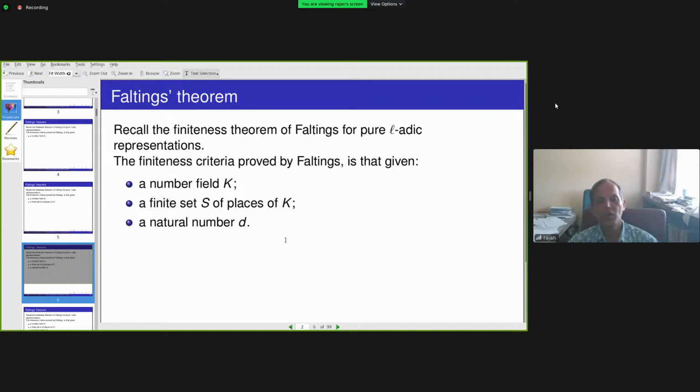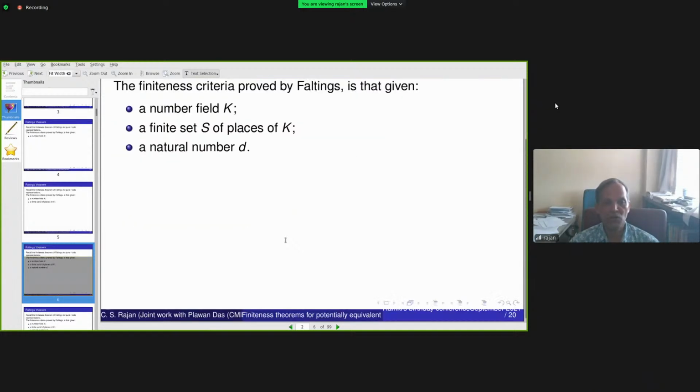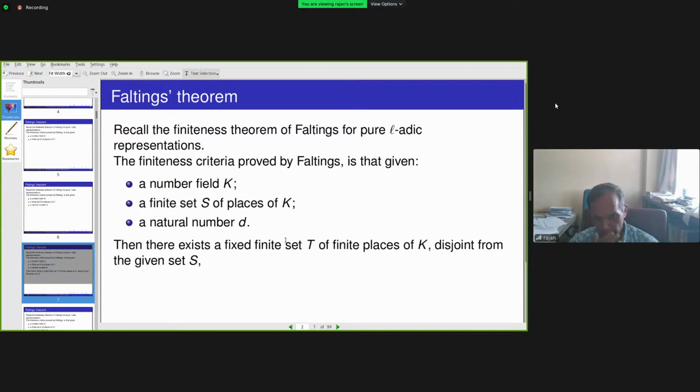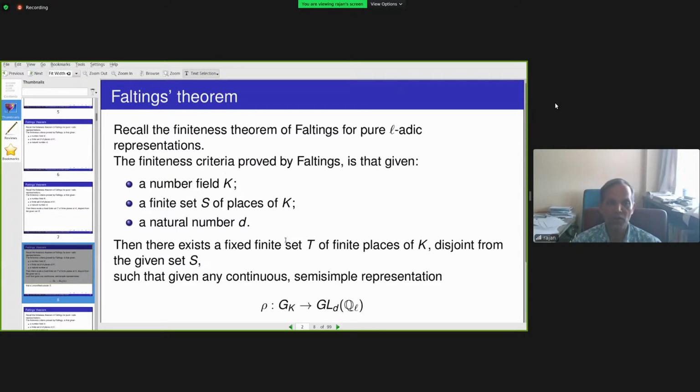So you are looking at representations of the absolute Galois group. Then there exists a fixed finite set T of finite places of K. T is a fixed finite set which depends only on the above data, the number field K, the set S, and D, and this is disjoint from S. S is usually the set of ramified places for the representation which you are looking at.